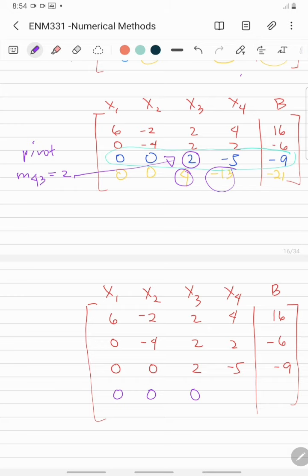Then we have -13 minus 2 times -5, that is equal to -3. Then we have -21 minus 2 times -9. So that is equal to -3.